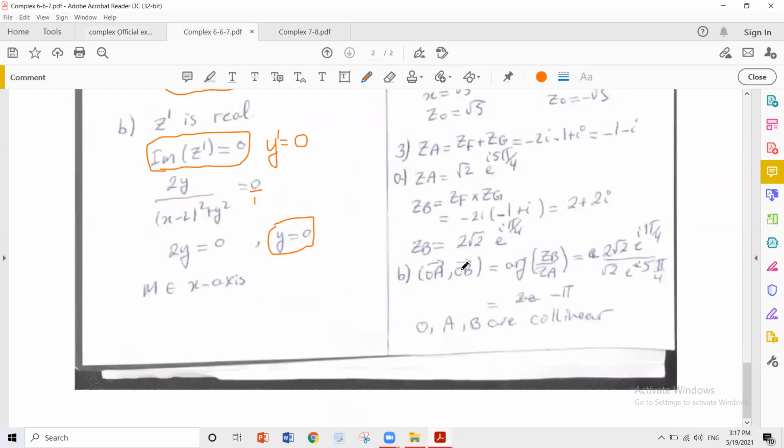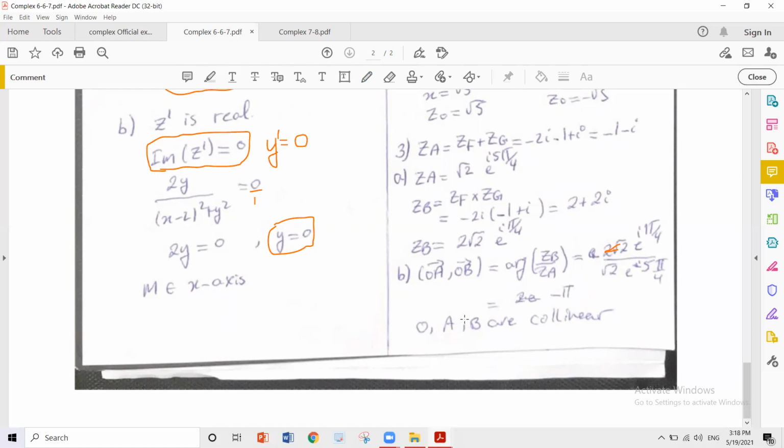The angle (OA, OB) is the argument of ZB over ZA, which is the argument of ZB minus the argument of ZA. That is pi over 4 minus 5 pi over 4, equal to minus pi.